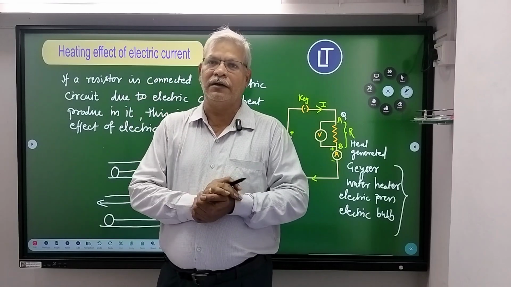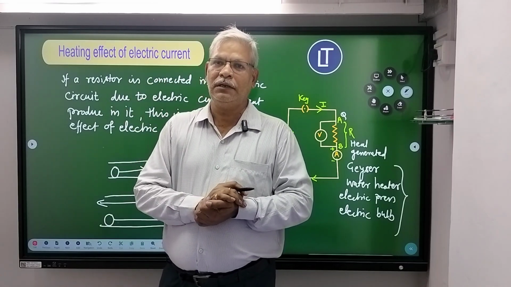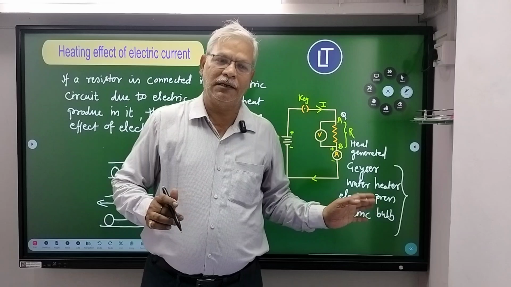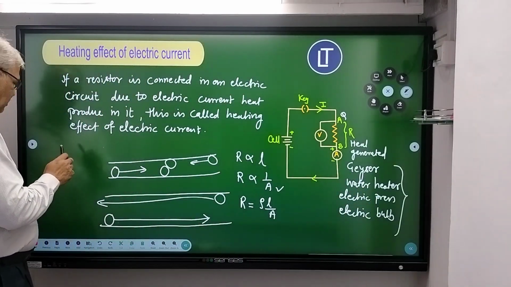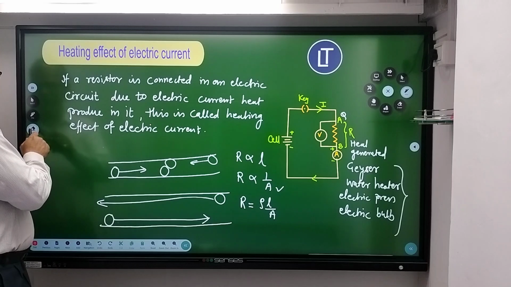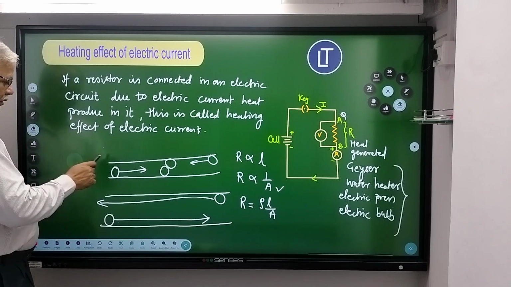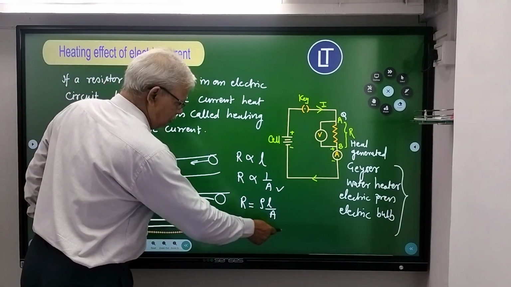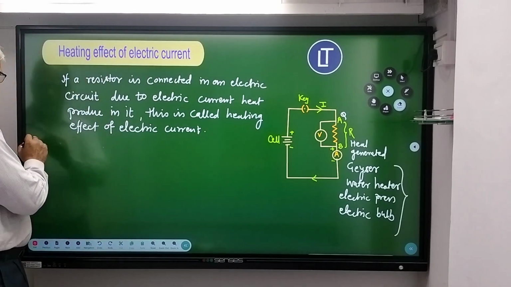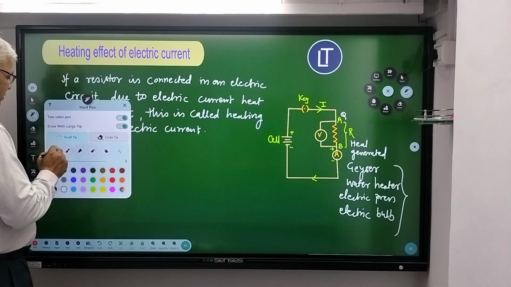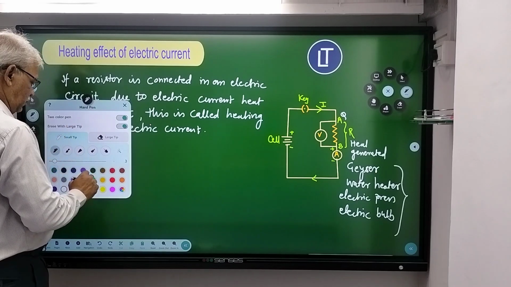wire of tungsten. Okay, I'm going to write here the question: why is tungsten used as a filament in the bulb?